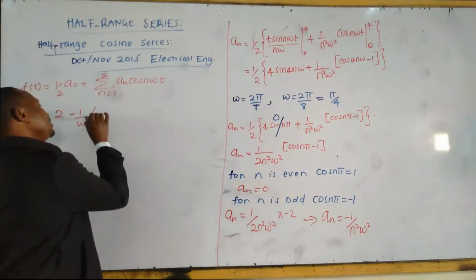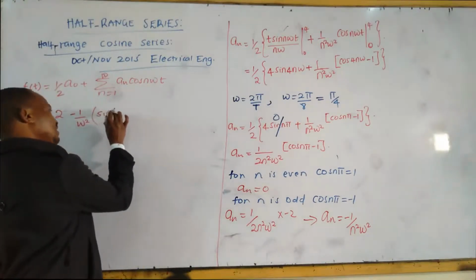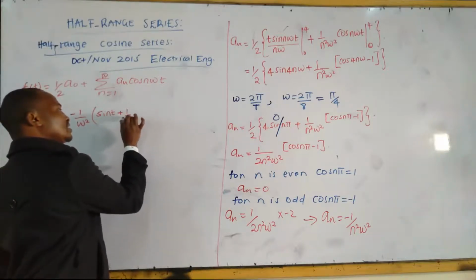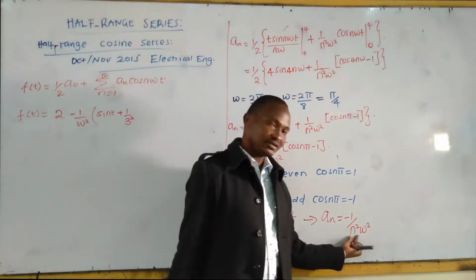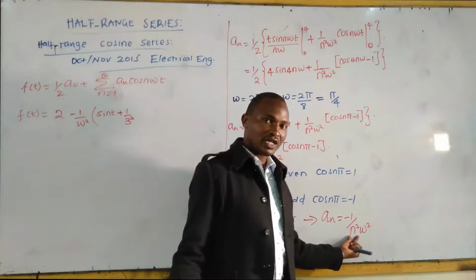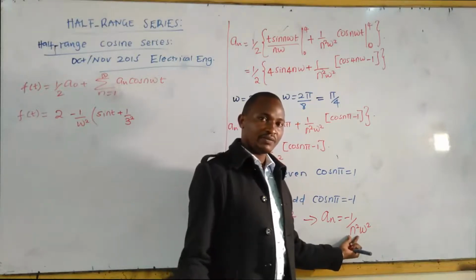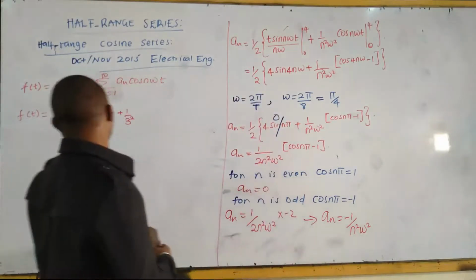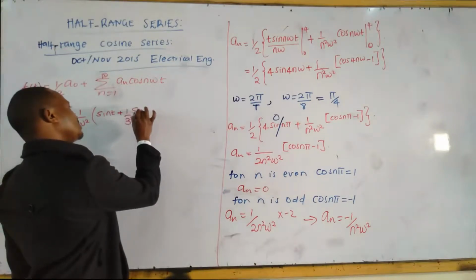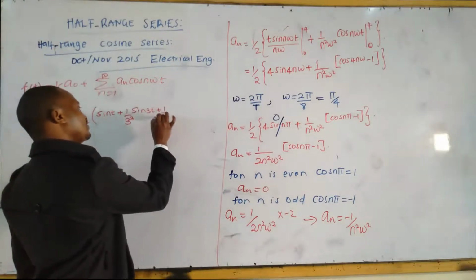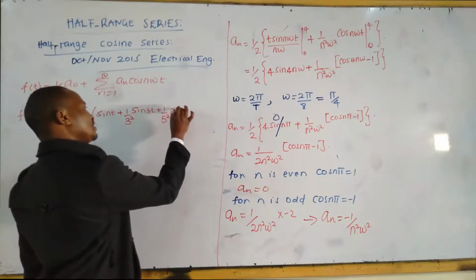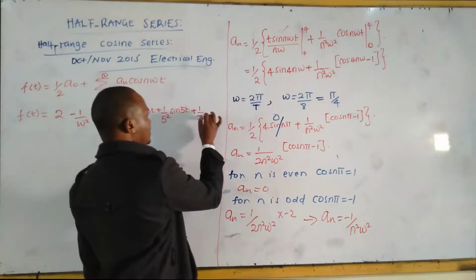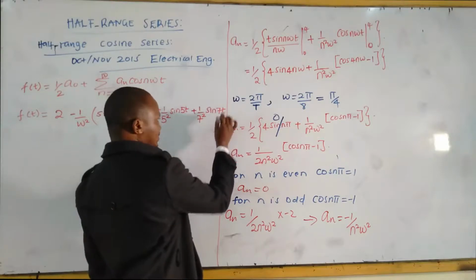It will be sine t, we have factored out the negative, everything will be positive. 1 over n squared, so for odd values, 1 over 1 squared, then 1 over 3 squared, 1 over 5 squared, plus this sine 3t plus 1 over 5 squared sine 5t plus 1 over 7 squared sine 7t.